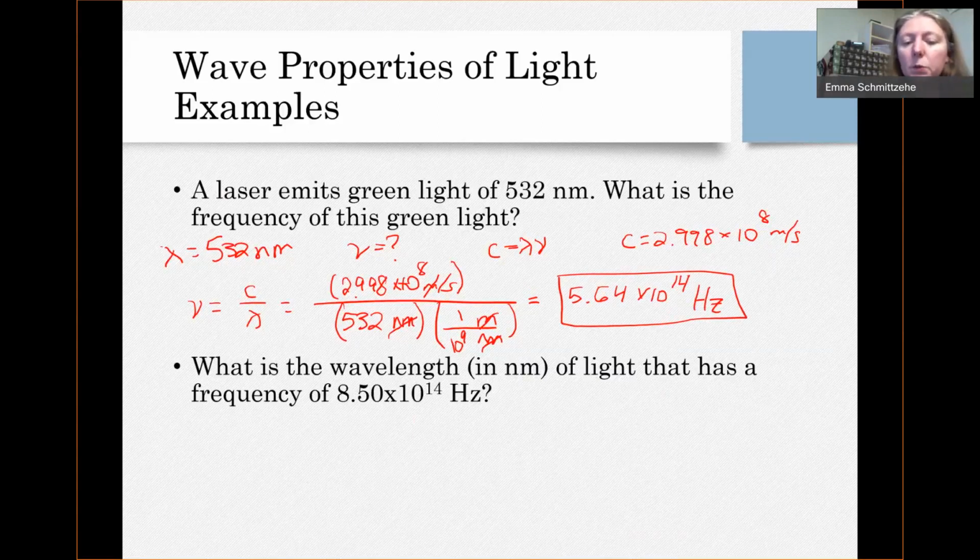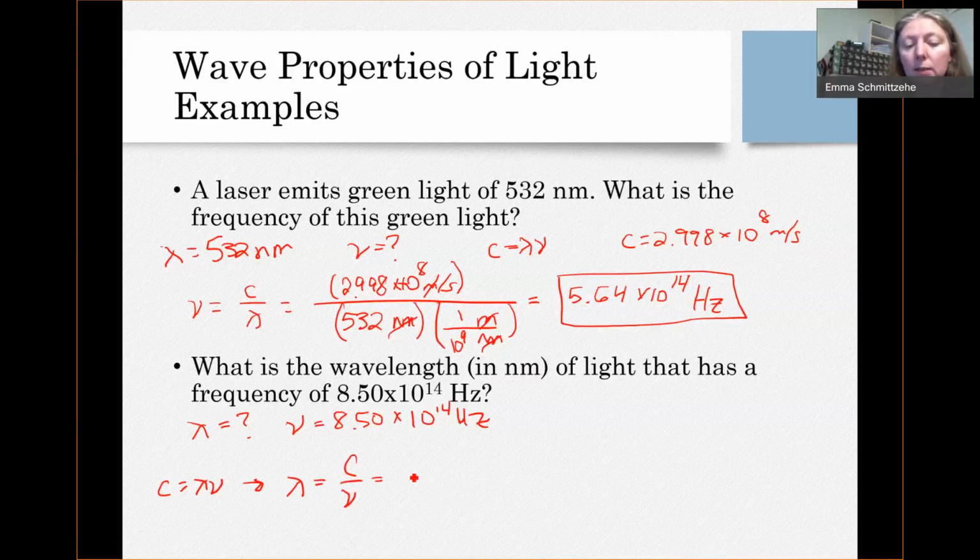And then the next one: what is the wavelength in nanometers of light that has a frequency of 8.50 times 10 to the 14th hertz? So here I want wavelength, and I have the frequency of 8.50 times 10 to the 14th hertz. I still have the same speed of light and the same equation, but now I'm going to rearrange c equals lambda nu and solve it for lambda, so that would be c over nu.